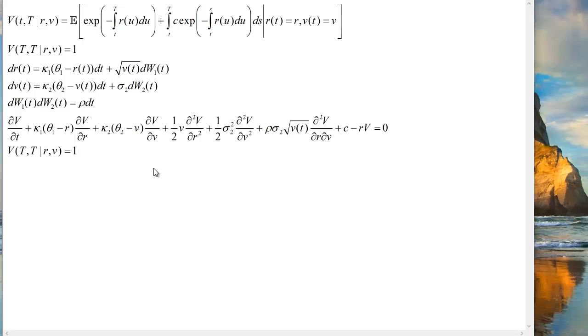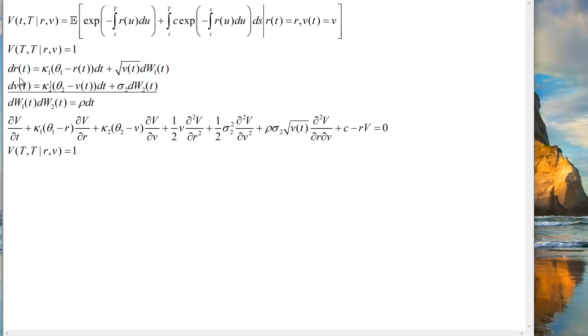Okay, so this is a two-dimensional partial differential equation that describes the price of the risk-free coupon bond that pays coupon C continuously in time, and you are given the following dynamics of the processes.